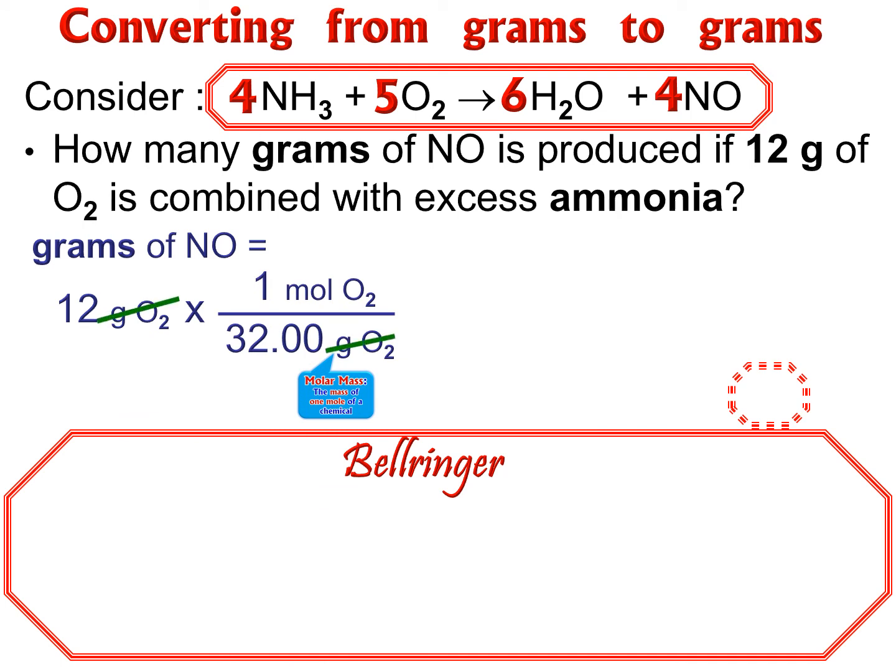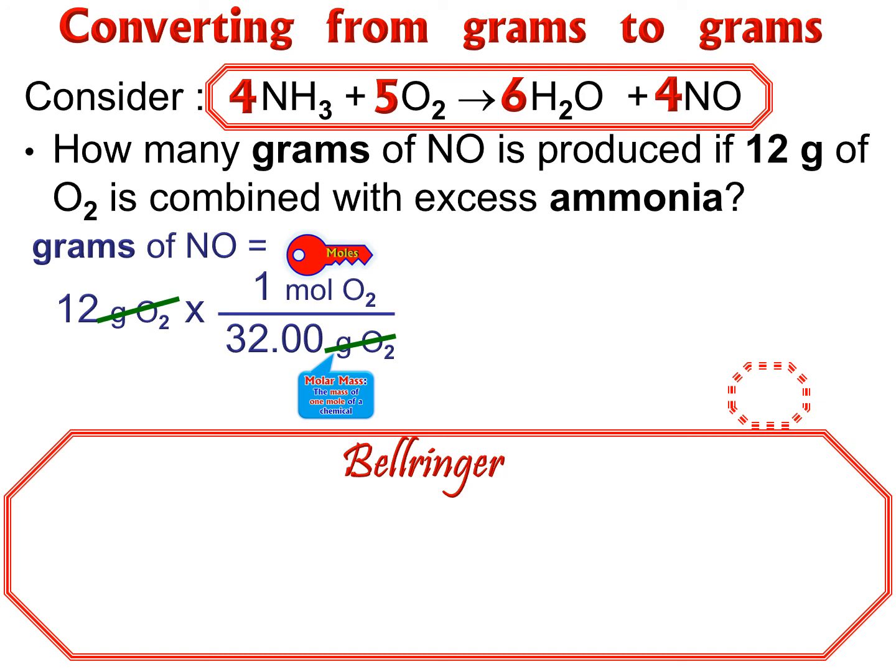And now I have my key right there. I have moles of oxygen. Okay. To get from moles of oxygen to moles of, what's the other chemical? Oh yeah, NO. I need the mole ratio. It's going to be moles over moles. We're jumping from oxygen, so where does the oxygen go? On the bottom. Also you can see to cancel that unit, moles of oxygen has to be on the bottom.